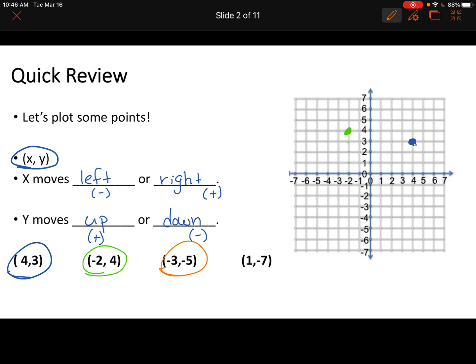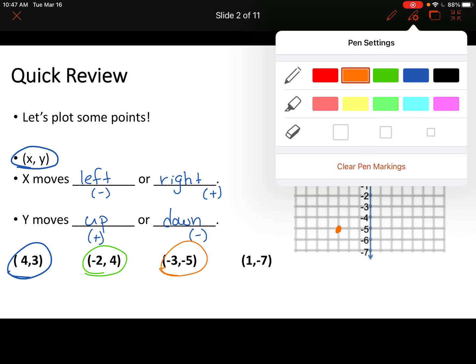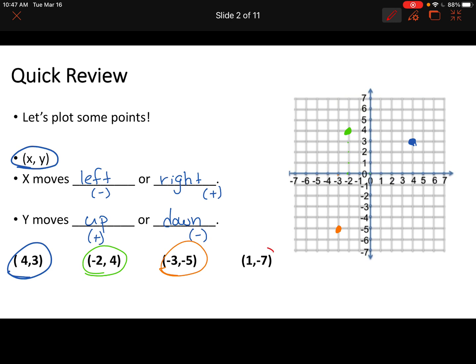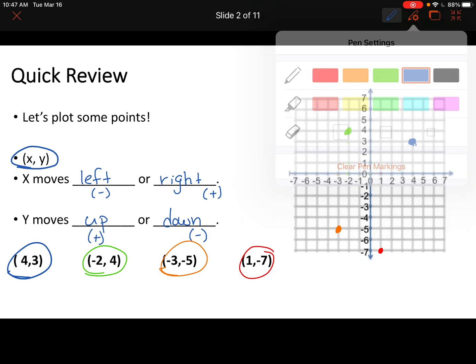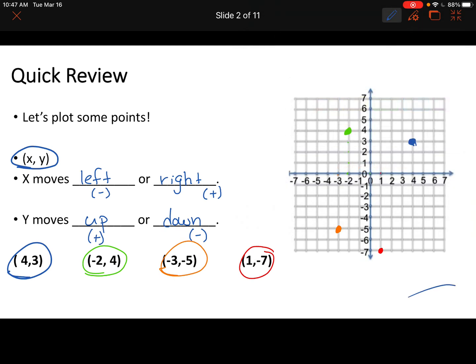Next one, -3, -5, going to the left to -3, going down 5, 1, 2, 3, 4, 5, plotting my point. Then we have 1, -7, going to the right to 1, and then down 7. Hopefully that is just a review of knowledge and not new information.